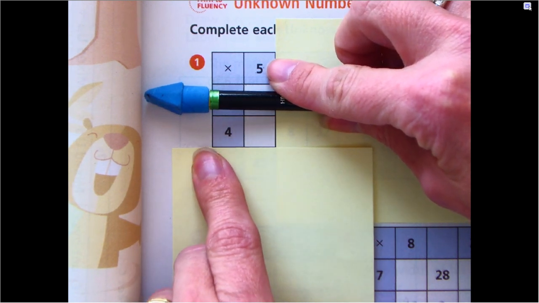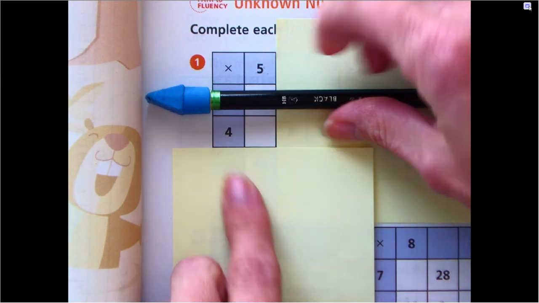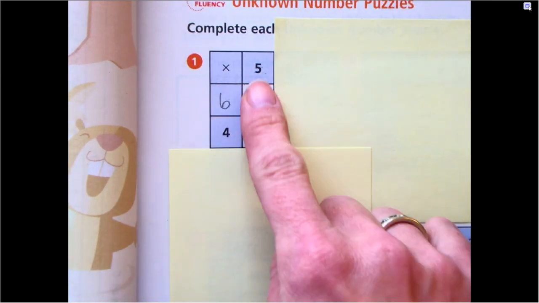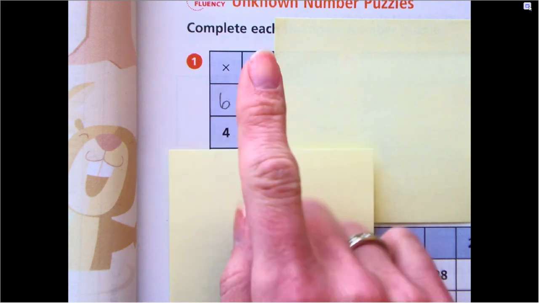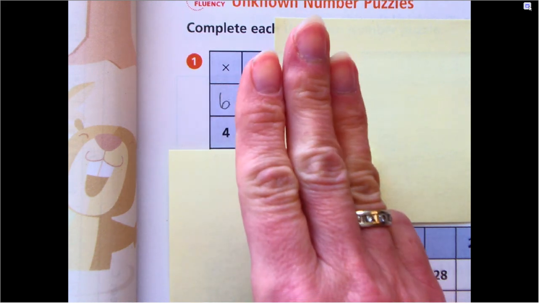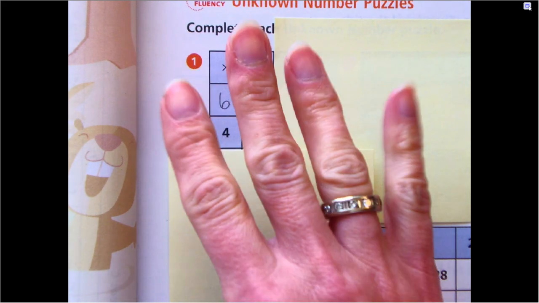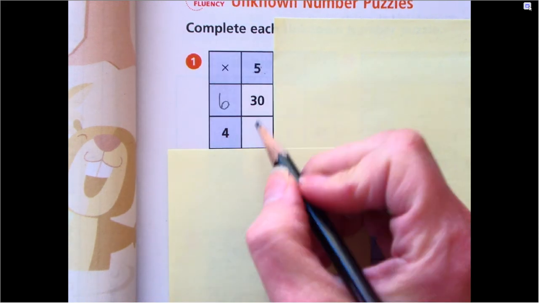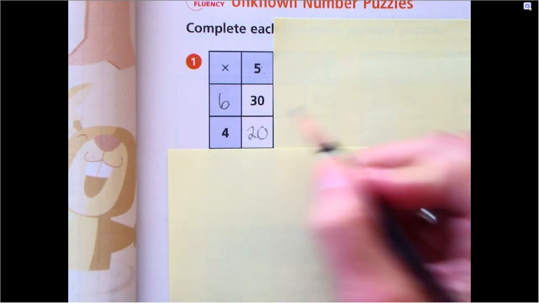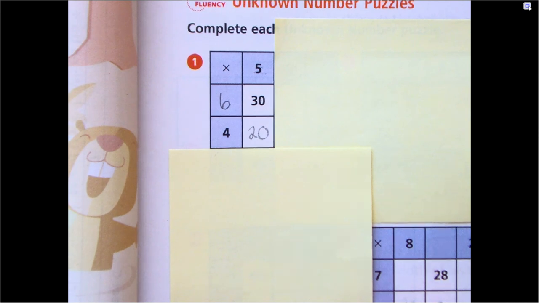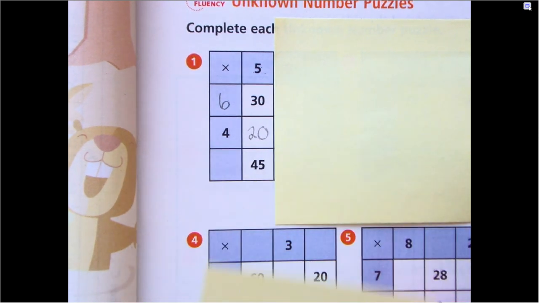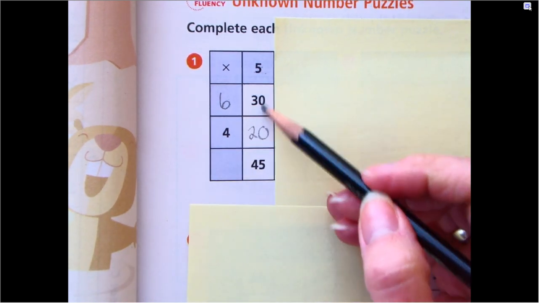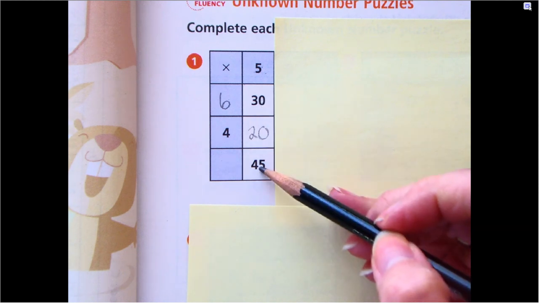So I'm going to multiply 5 times 4. So I'm going to count by 5s 4 times. 5, 10, 15, 20. I did it 4 times, and I got 20. So 20 is my product. I move it down to the end. Look at that. I filled in all the white ones.